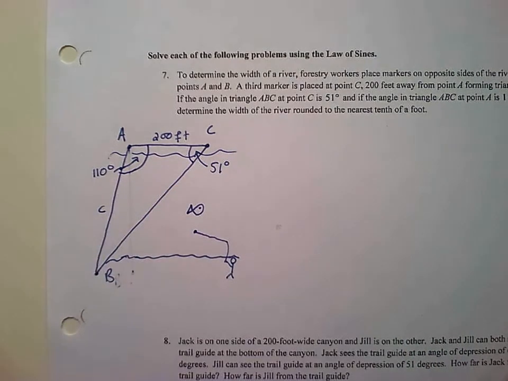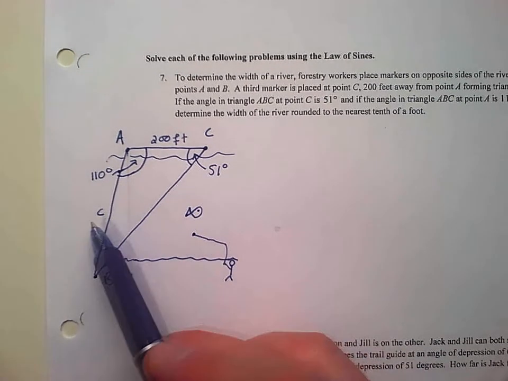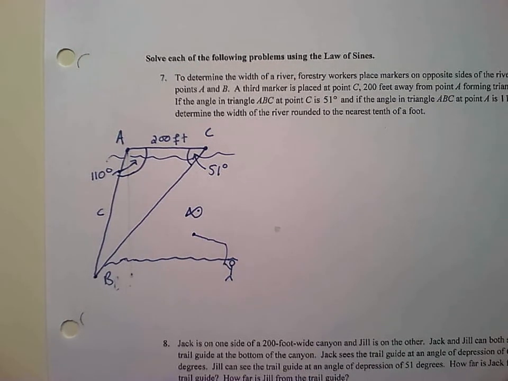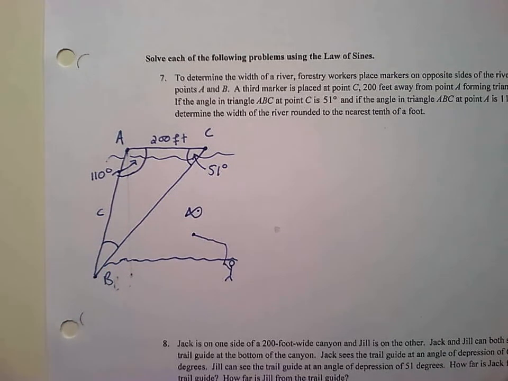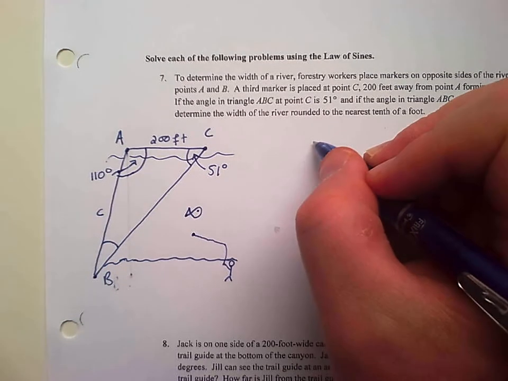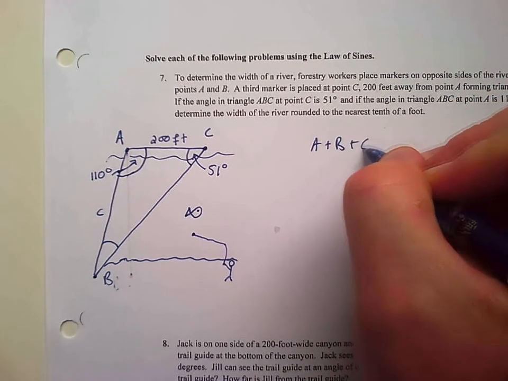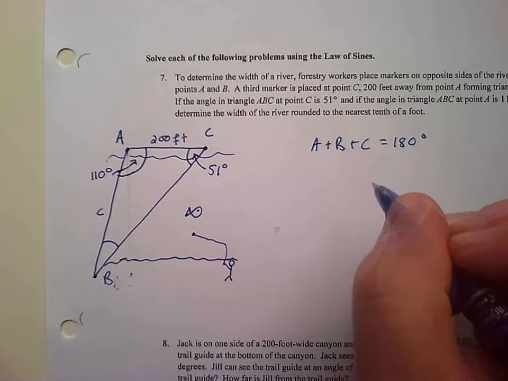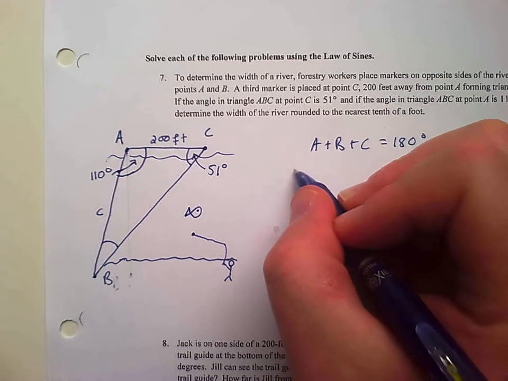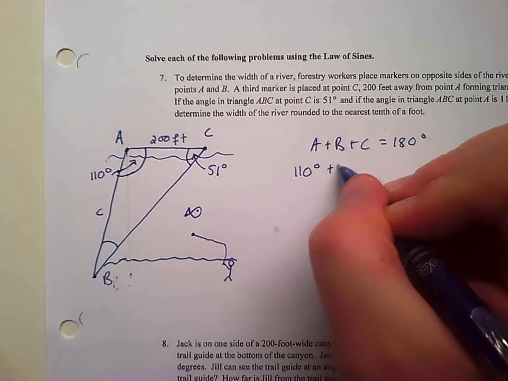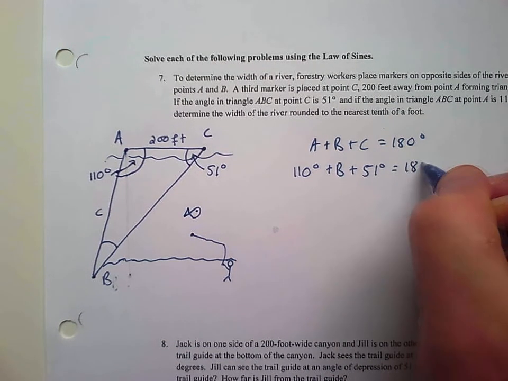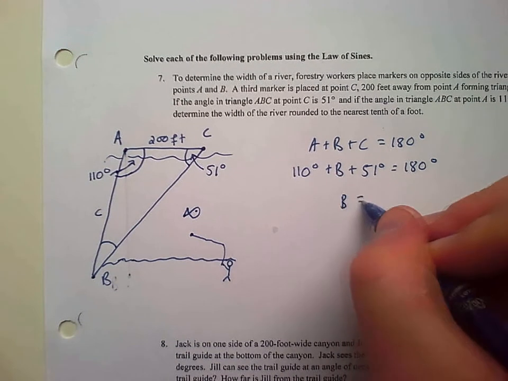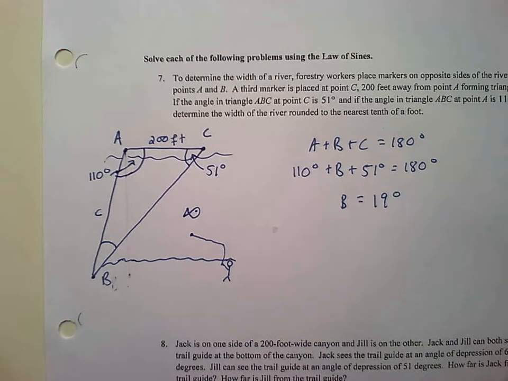So we're trying to figure out over here side C, and it's side C because it's opposite angle A. So first off, we can figure out this angle over here, angle B, because we know that A plus B plus C is equal to 180 degrees. A is equal to 110 degrees, trying to figure out angle B, and angle C is 51 degrees. So therefore, B is going to be equal to 19 degrees.